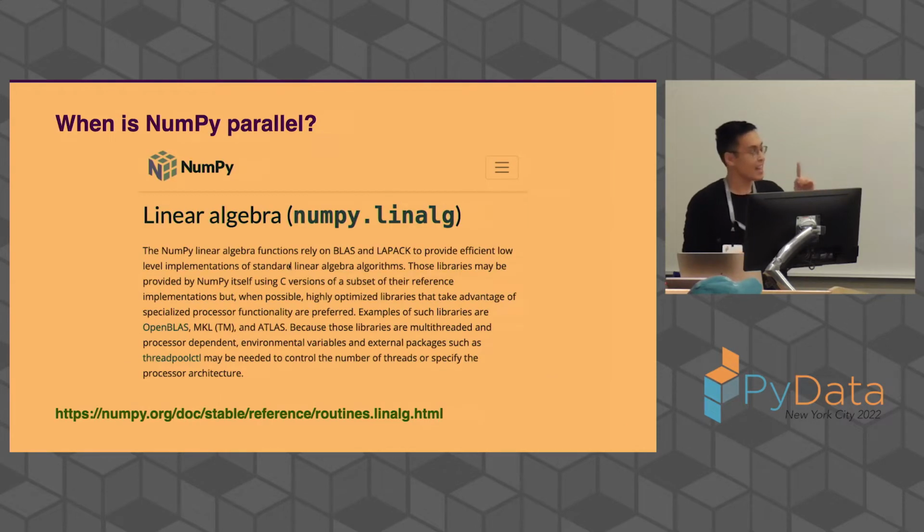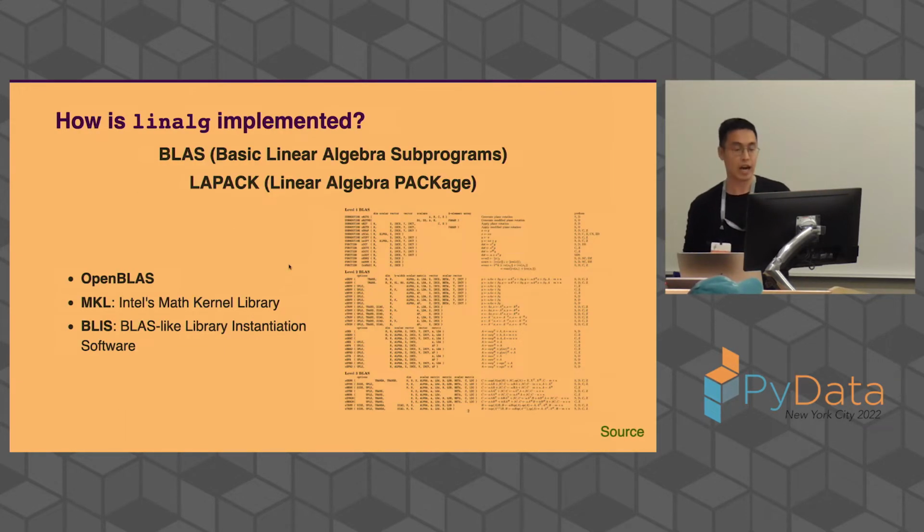So that's how you know. The next question is, how is linear algebra implemented? NumPy itself doesn't have these linear algebra routines. It dynamically links to libraries that implement the BLAS API, like OpenBLAS and MKL, which is Intel's Math Kernel Library, or BLIS, which is another one.